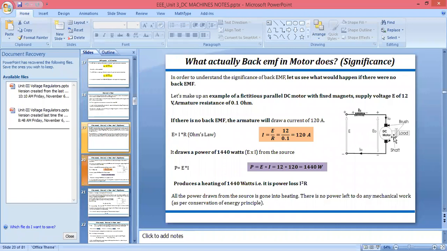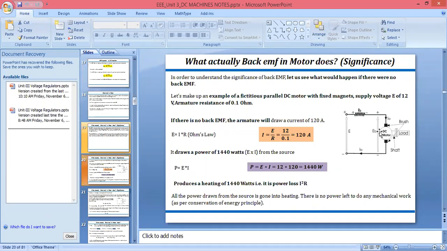What do we have to do? By using the DC motor, we have to convert electrical into mechanical energy. We have to use electricity and do some mechanical work. But if there is no concept of back EMF, and there is no power, no voltage, we cannot do mechanical work.